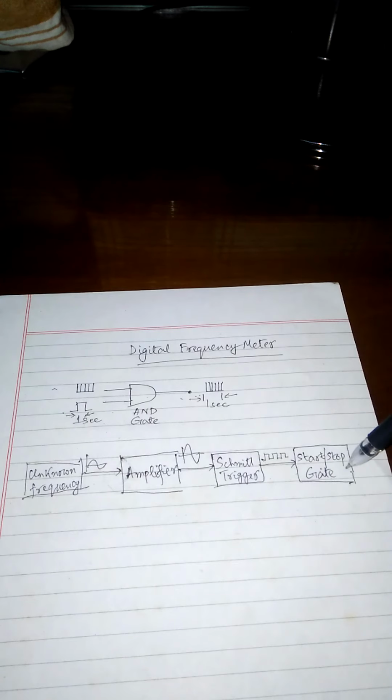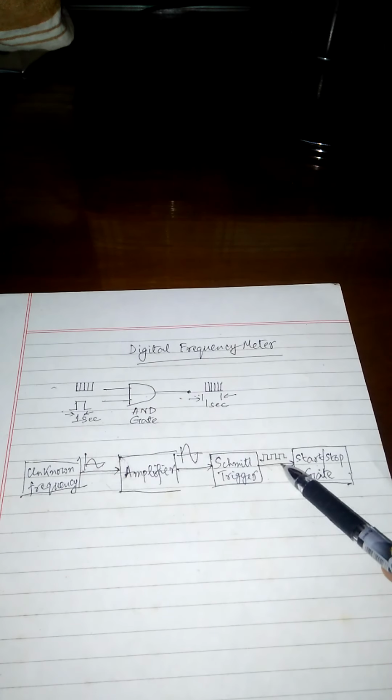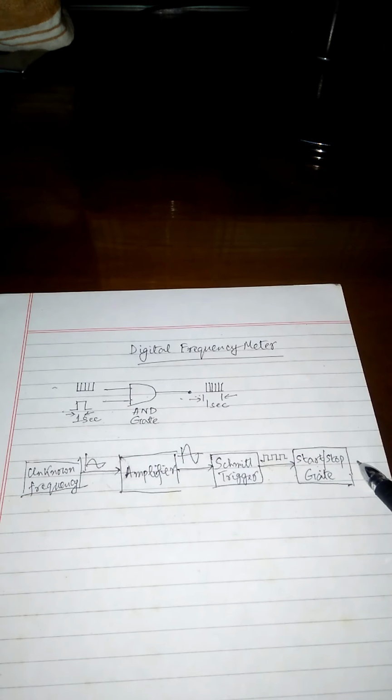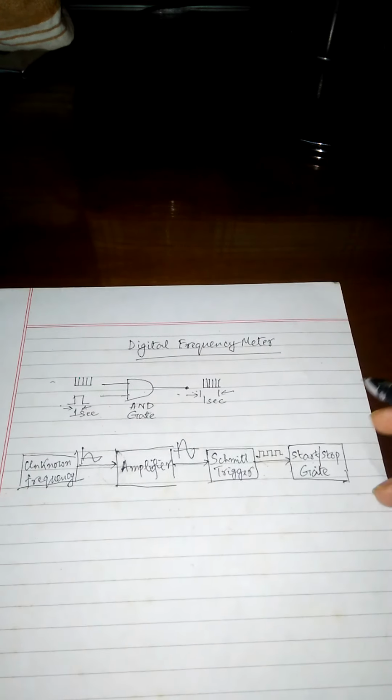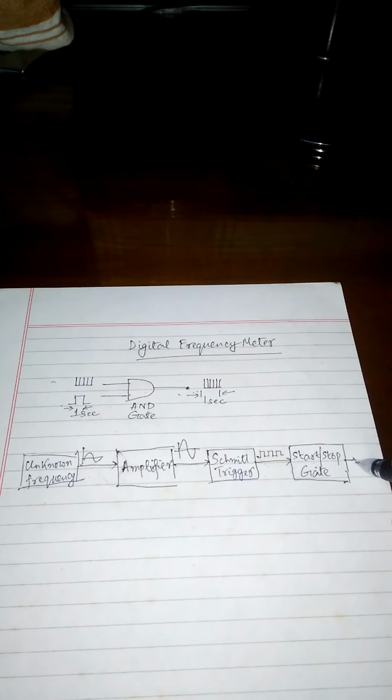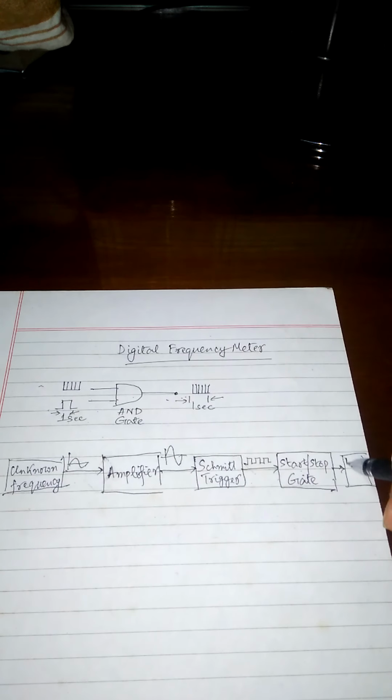So this is called a start stop gate, and for the time from the start condition to the stop condition of this gate, the train of pulses passes through it, and then there is a counter system, and after that a digital readout.